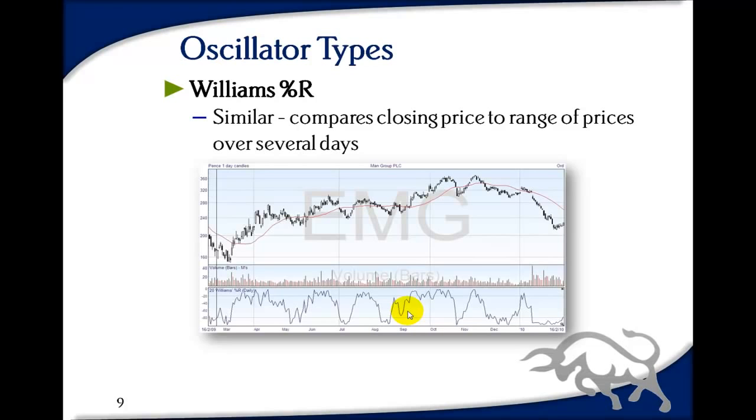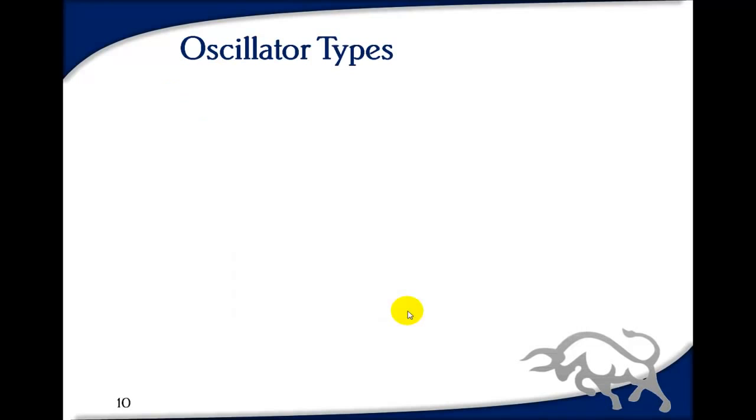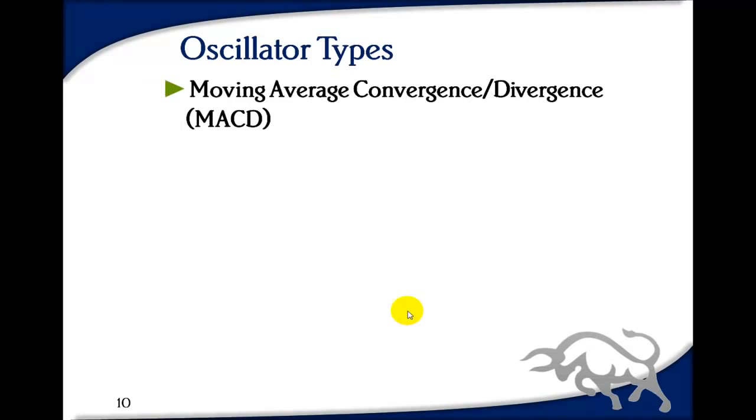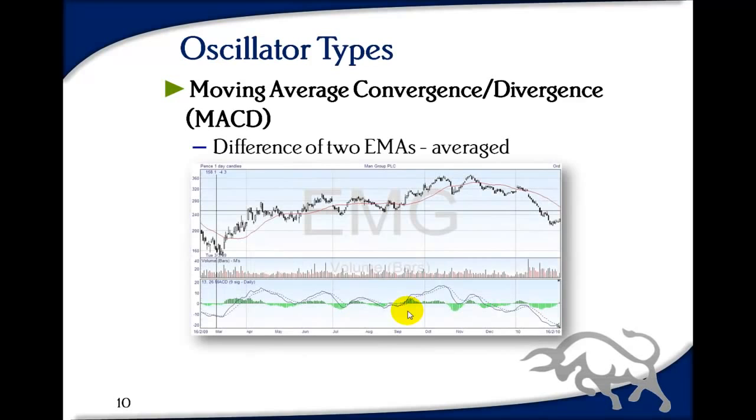And the final type we would like to look at right now is the moving average convergence and divergence indicator, which is shortened and most commonly referred to as the MACD. That goes back to basically the crossover method that we looked at in the moving average. This is using exponential moving averages rather than simple, and it looks slightly different between the two. And then that's averaged out again to smooth it.